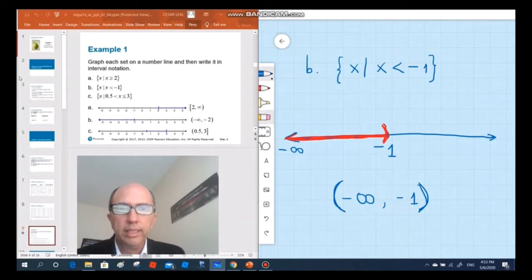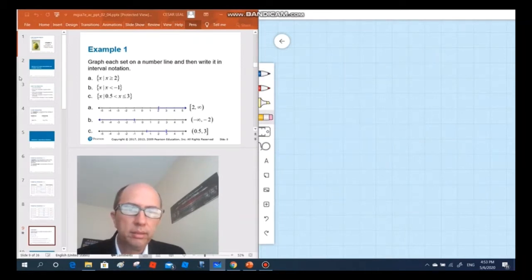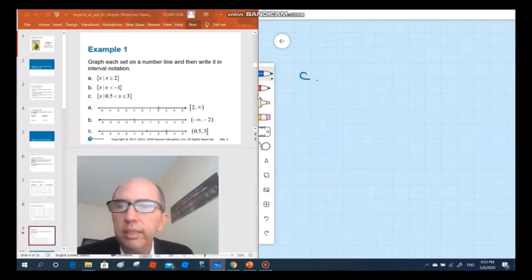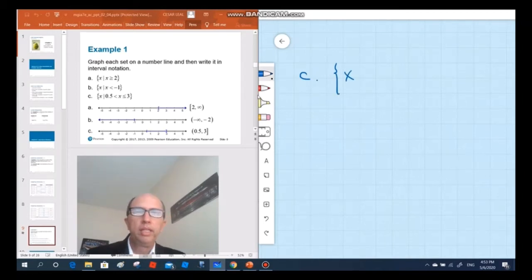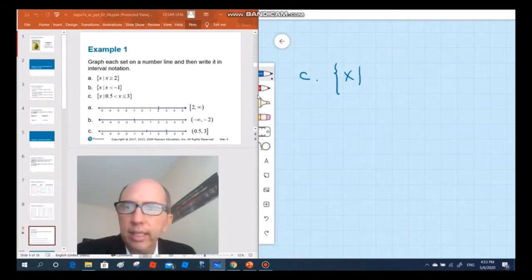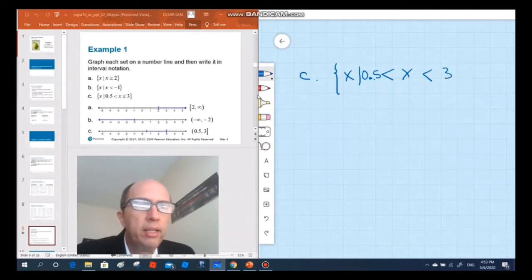Okay. Next one, this is slightly different because now we have an interval with 2 limits. x such that x is going to be between 0.5 and 3.